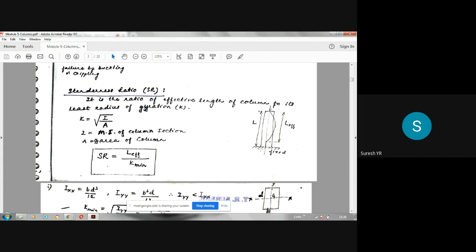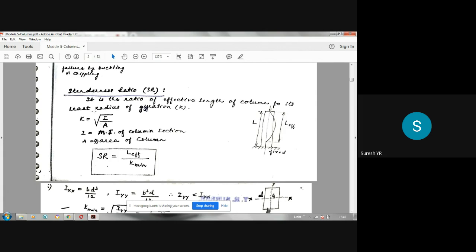The second condition is both ends fixed. The third condition, both ends hinged. And the fourth condition, one end fixed and another end hinged. Those are the boundary conditions we are going to study in this chapter. Depending on the boundary condition, you have the value of L effective. Keep this in mind, we will discuss it in detail later.